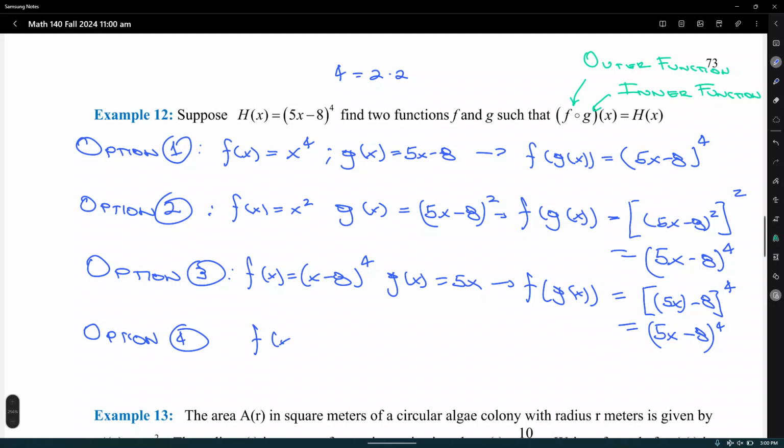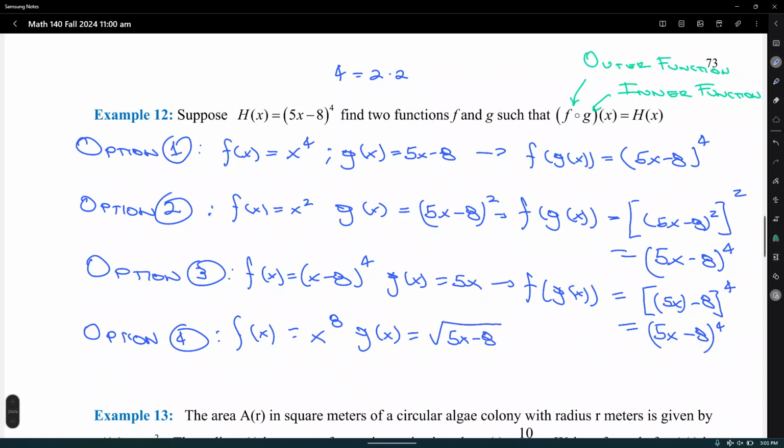In this case, f of x, let me leave some room over here. How about x to the 8th power? Check this out. x to the 8th power and g of x equals square root of 5x minus 8.